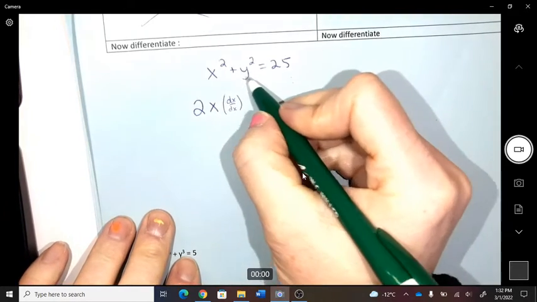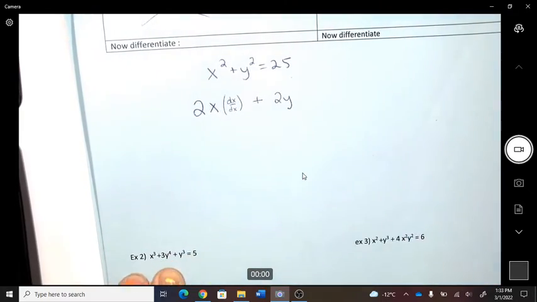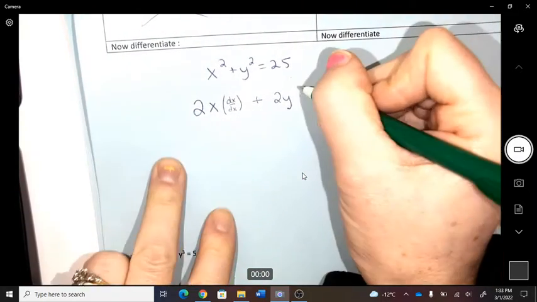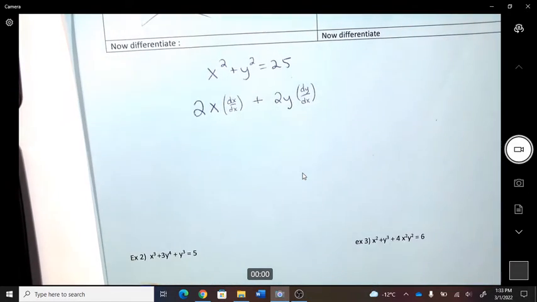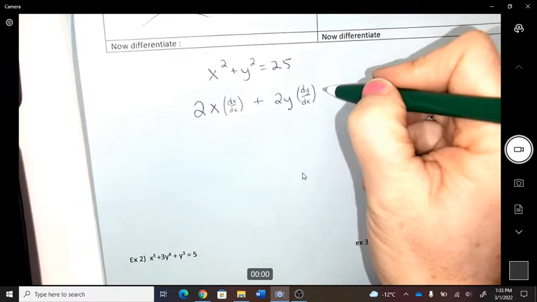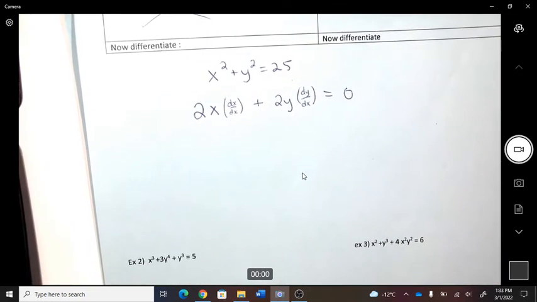Okay, next I'm going to derive this, so it'd be 2y, and I derived that variable with respect to x. And then I'm going to derive 25, which becomes 0.